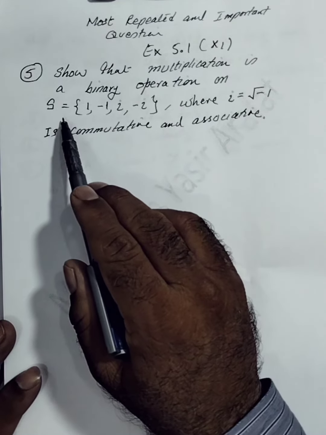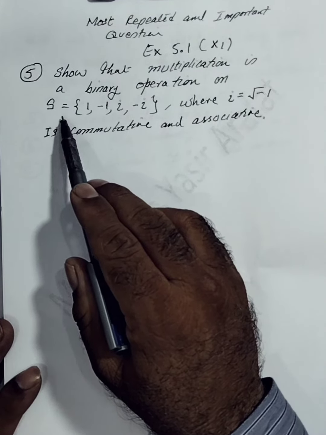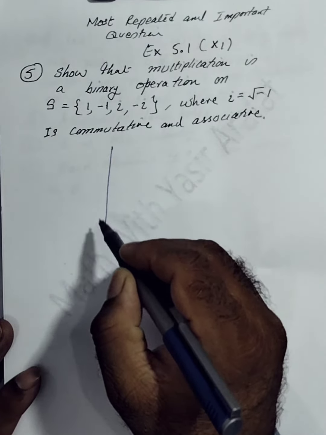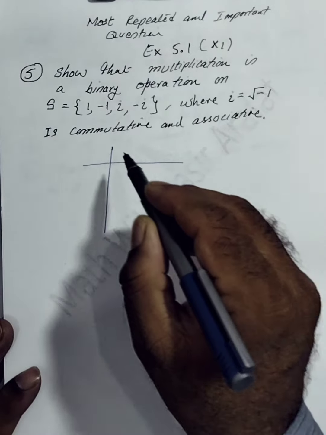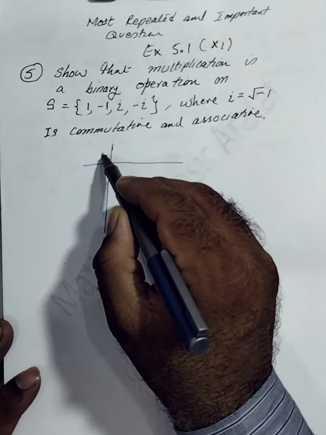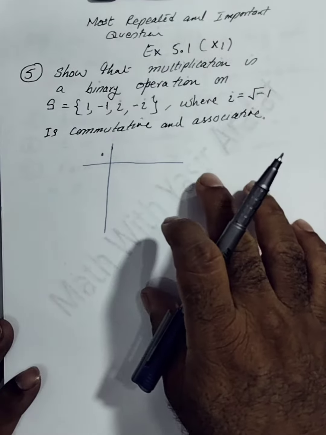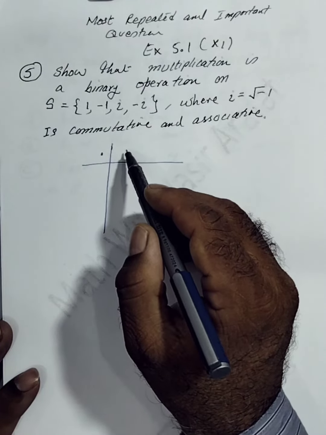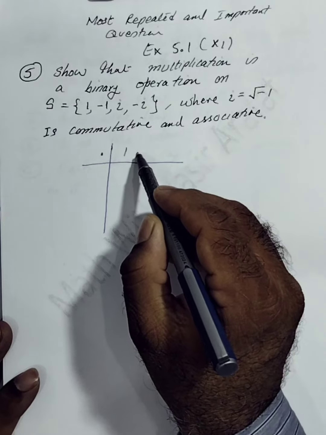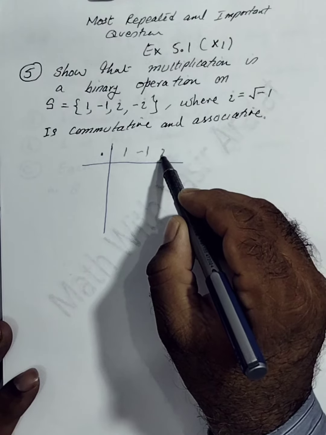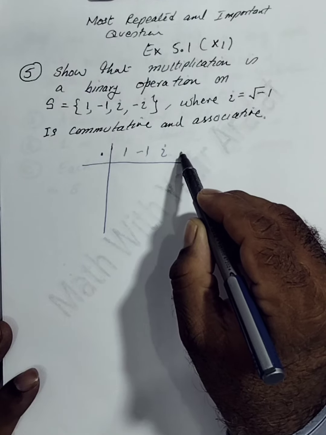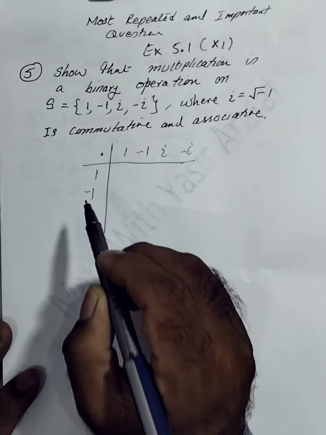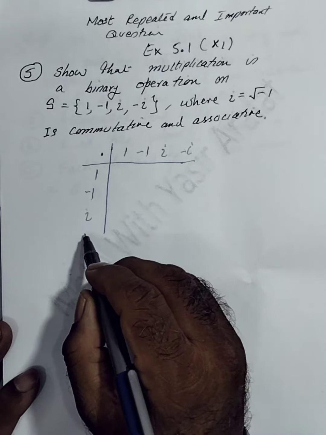Here we have two different methods to verify the question. We can construct the composition table, also called the multiplication table, or we can perform direct multiplication. We write down the elements of S given in the question: 1, -1, iota and minus iota.